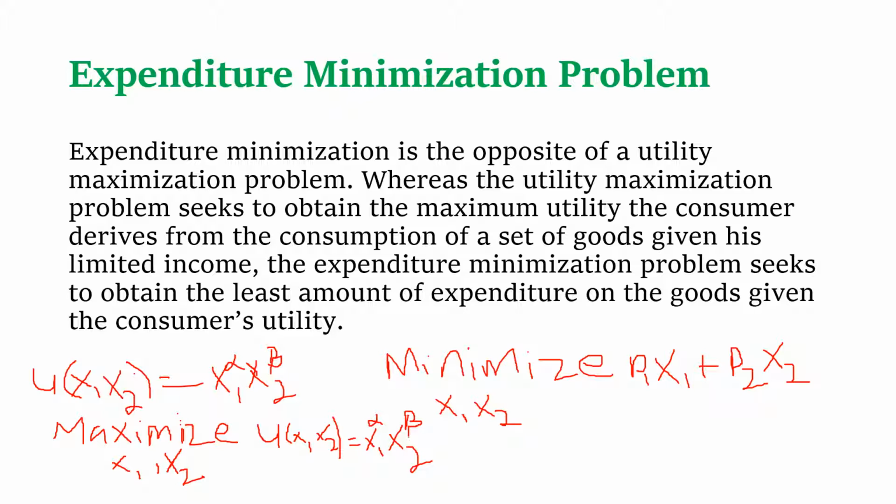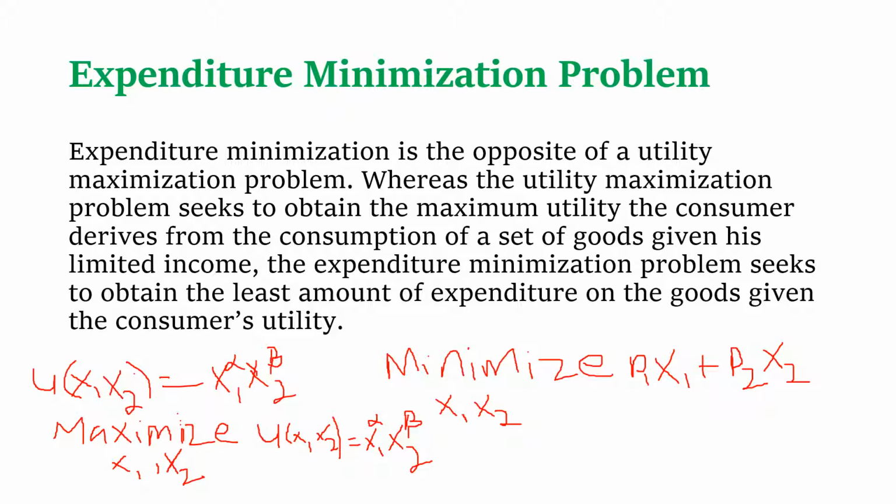Now you see the difference here. What is the difference between the objective function for a utility maximization problem and the objective function for an expenditure minimization problem? It is simple.